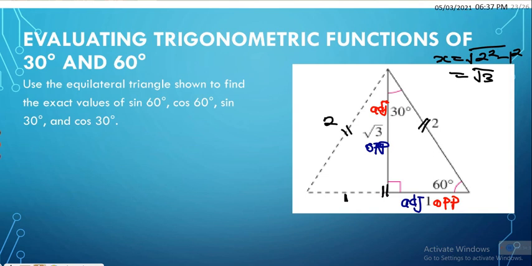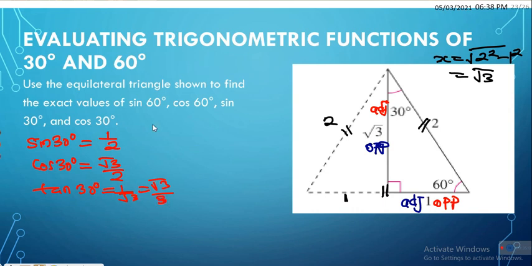So of course that means sine 30 degree equals 1 over 2, cos 30 degree equals root 3 over 2, and tan 30 degree equals 1 over root 3, which is actually root 3 over 3.